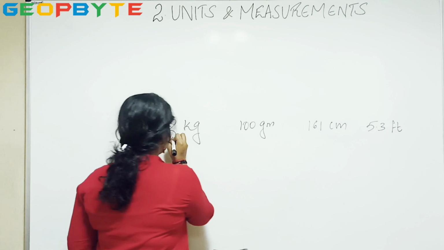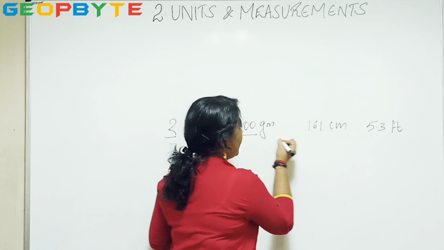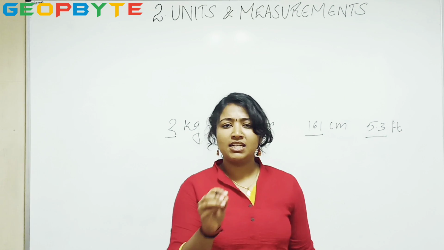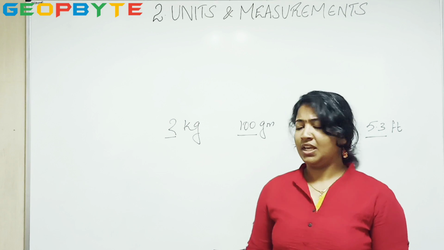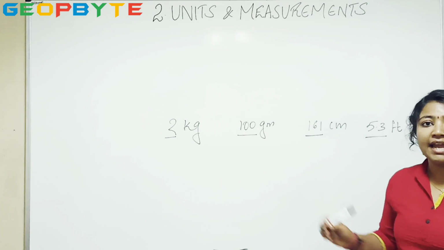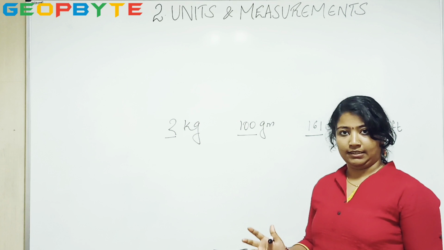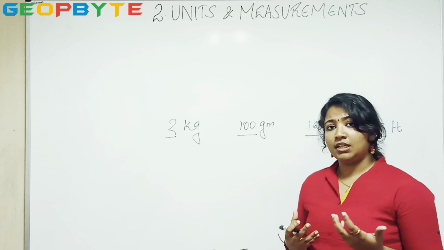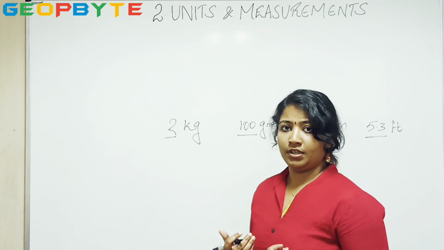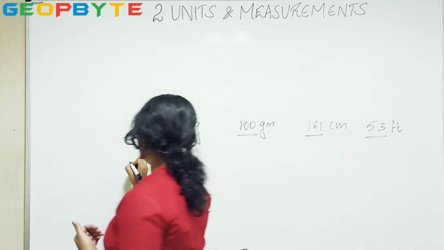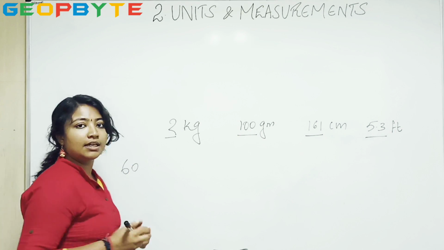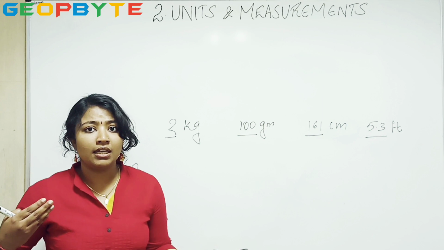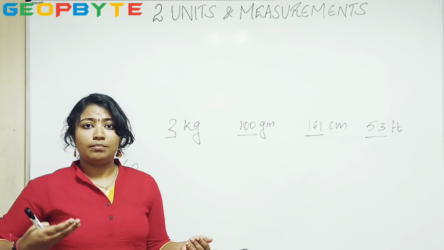So these, 161, 5.3, are just numbers. These won't give any physical meaning. If I'm asking you what is your weight, if you tell it's 60, there is no meaning in it. The person who is hearing can assume on his own.